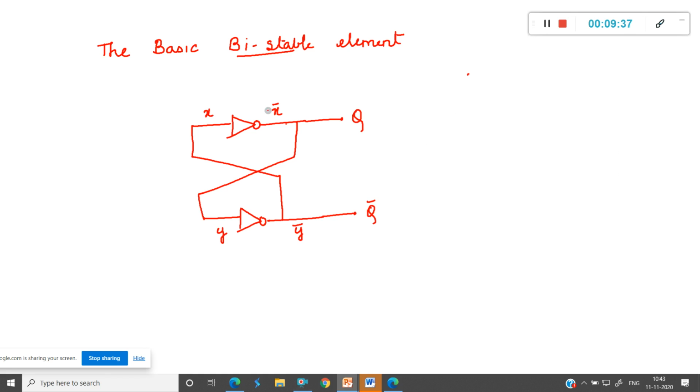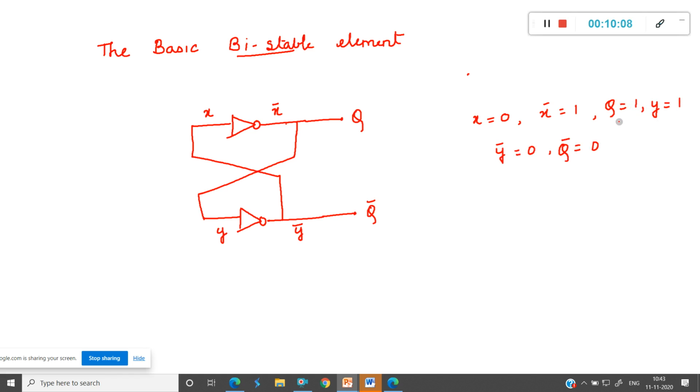So here, when I talk about X is 0, listen properly all of you. X is 0, so what happens? X bar will be 1. So immediately Q also will be 1 and Y also will be 1, isn't it? So if Y is 1, Y bar is 0, so Q bar will be 0.